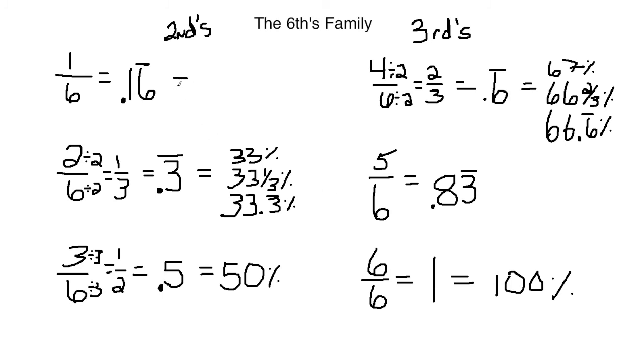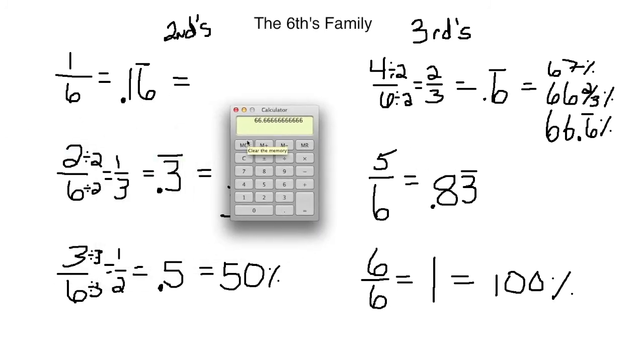So now, let's make this into a percent. So we multiply by 100, which I don't want you to do. Just move the decimal 2 places to the right, which is 100. And your answer is going to look like this.